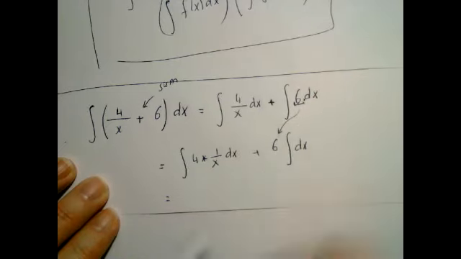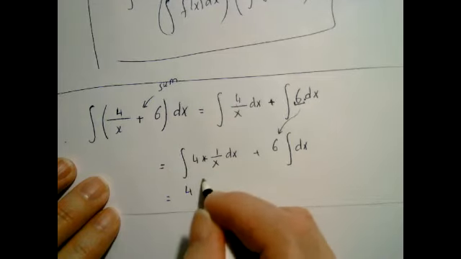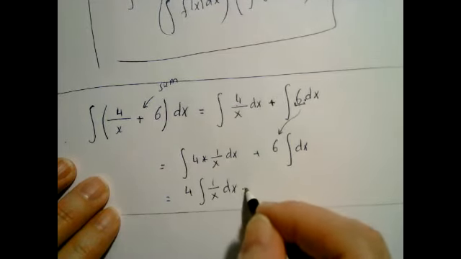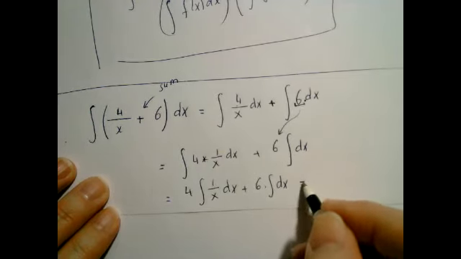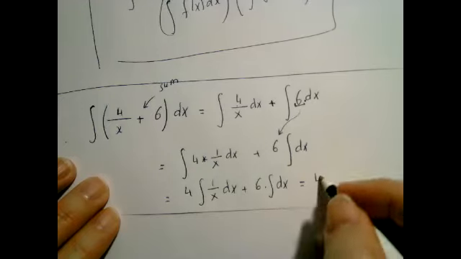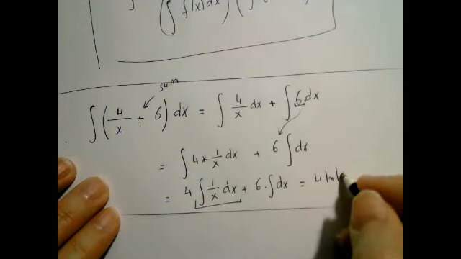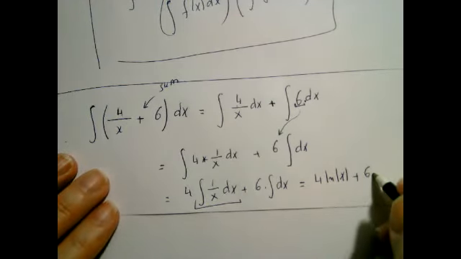That's why I can pull it out. 4 is a constant, so I can pull out the 4. It's equal to 4 times the antiderivative of 1 over x, which is the ln of x, plus 6 times.